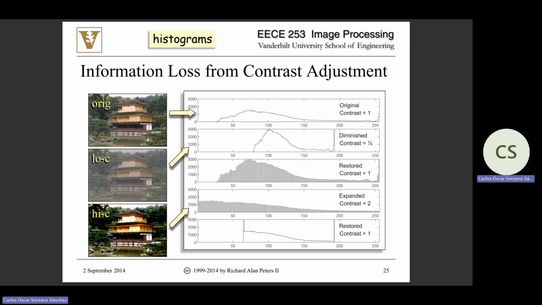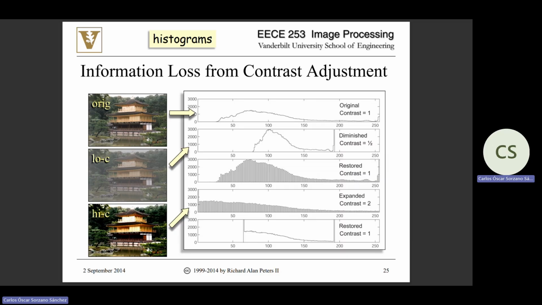Okay, then we can think of the following process. Given an image, I can decrease the contrast. This is the original contrast. Okay, so we know how to do that already.